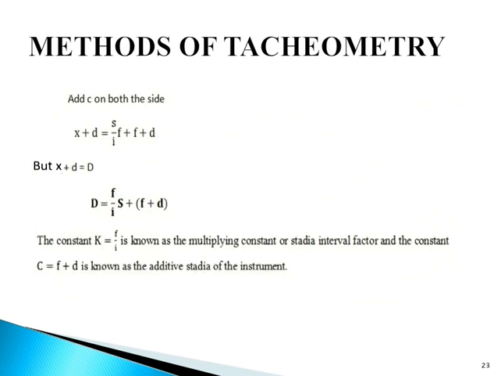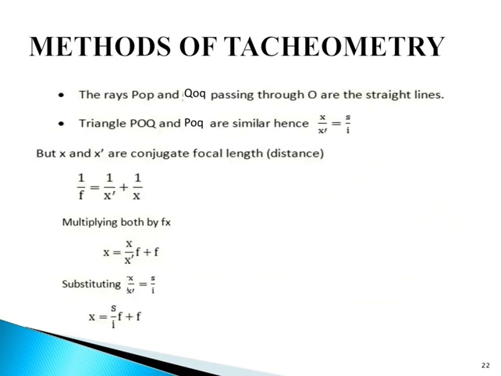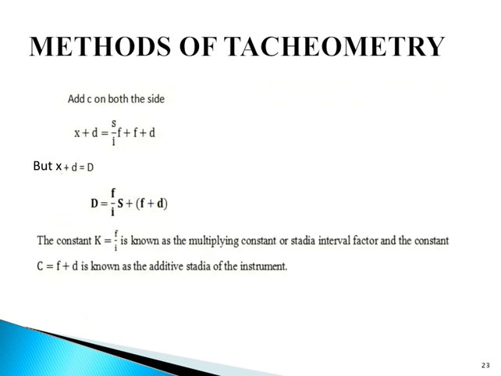The constant k is equal to f upon i, known as the multiplying constant or stadia interval factor, and the constant c is equal to f plus d, known as the additive constant of the instrument. So this is the first method. I hope you write down this and this.